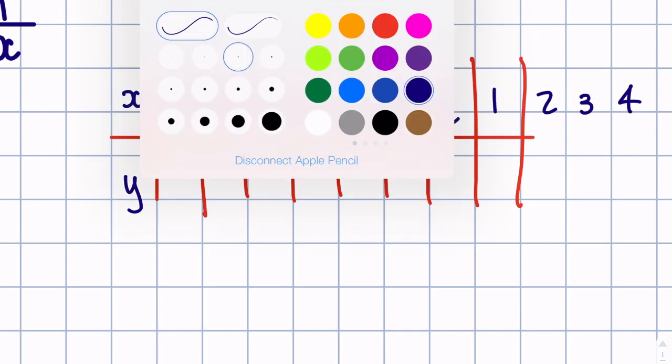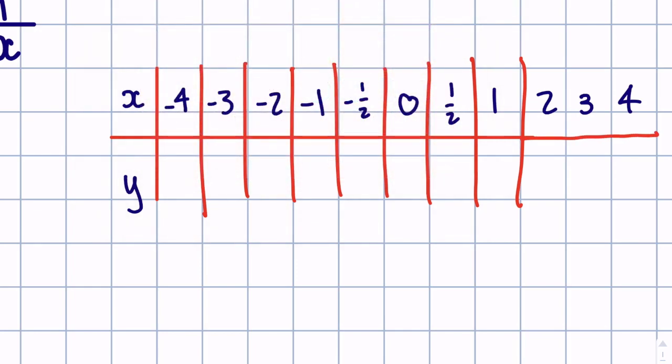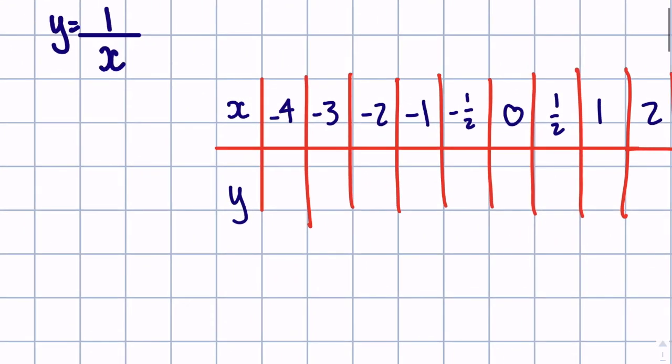Let me grab my red pen and fix this, otherwise I won't like it. So you can chuck these in your calculator, but obviously if I've got y equals -1 over -4, that's going to come out as 1/4, 1/3, 1/2, 1 over 1.